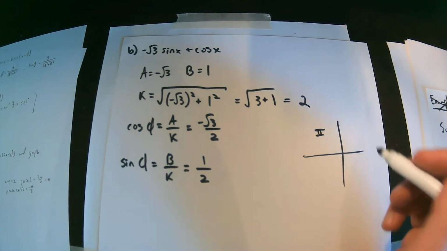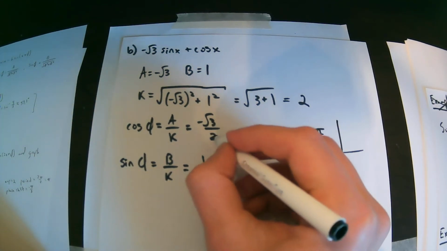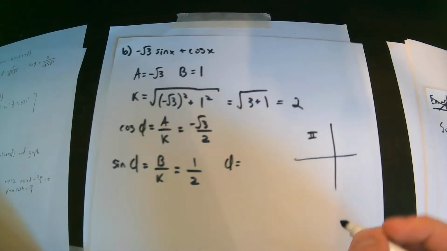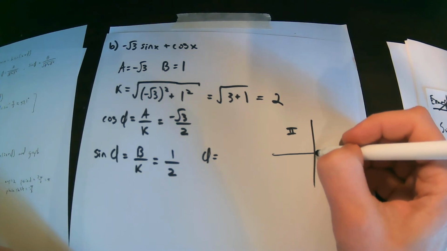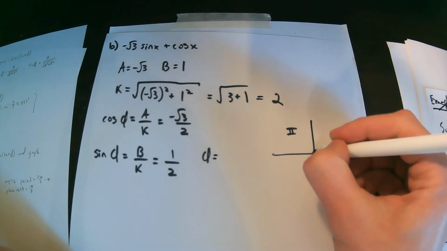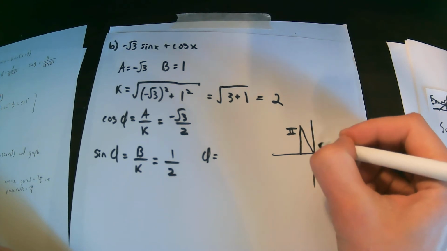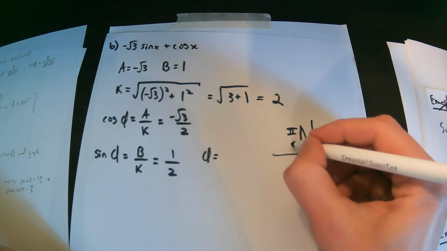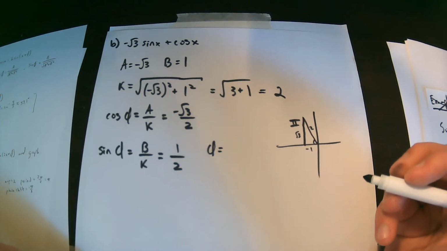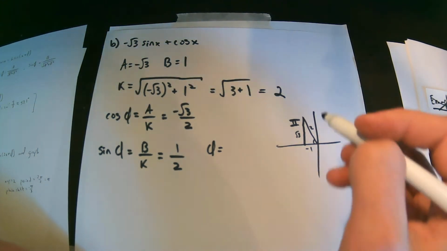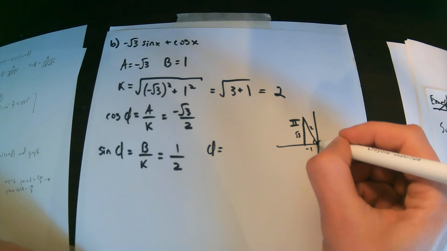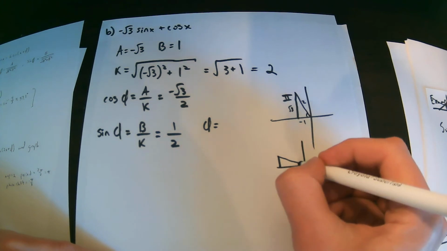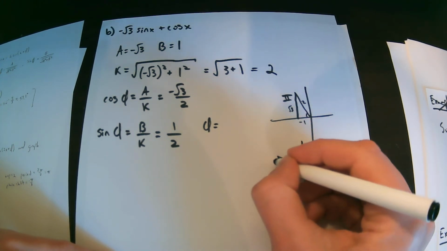But we don't need a calculator for these, because we know these are special ratios that we know about. So what must phi be? Is it the pi on 2 pi on 3? Well, let's see, that would give me negative 1 and root 3 and 2, so it's not that one. So it's got to be the other one, this is negative root 3, this is 1, and this is 2.